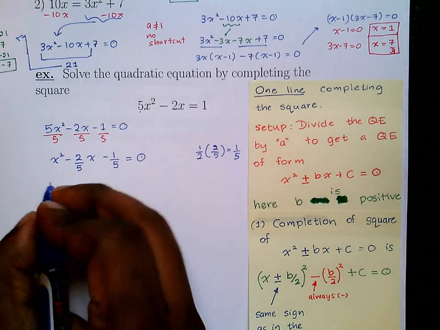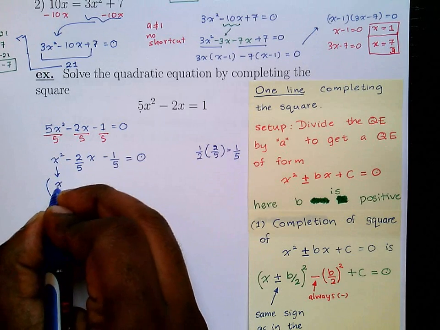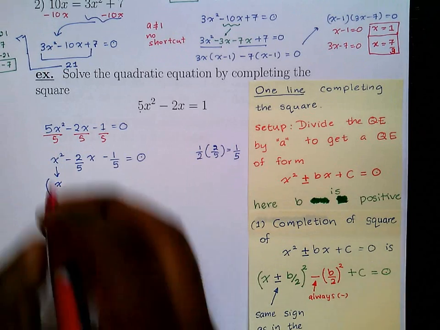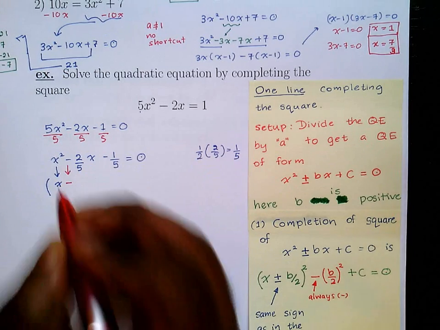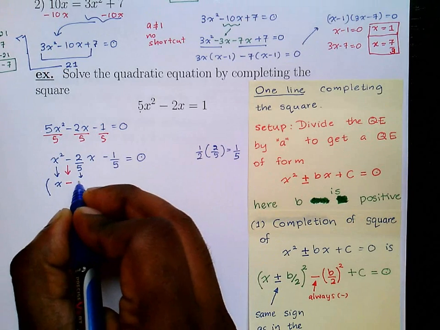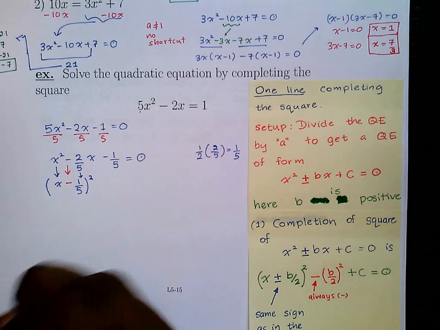Just one line. Open a parenthesis. Bring over x. Bring over whatever sign you have here. And then half of this, that would be 1/5 squared.